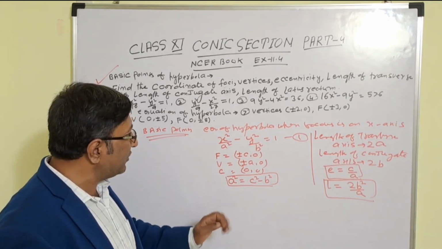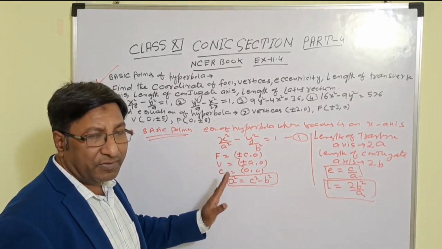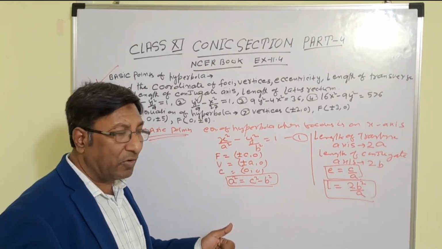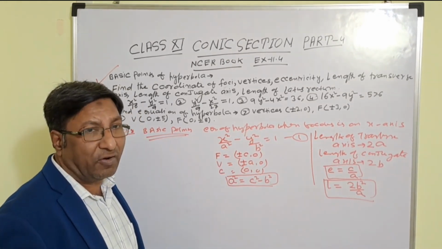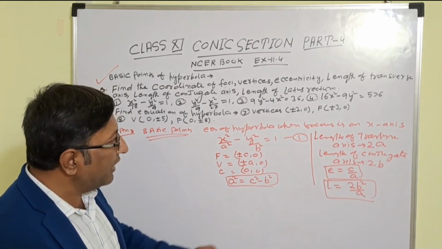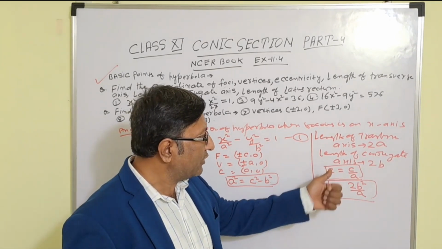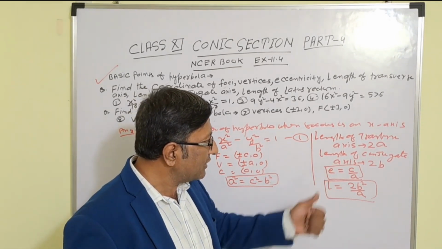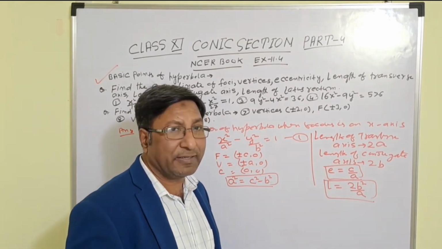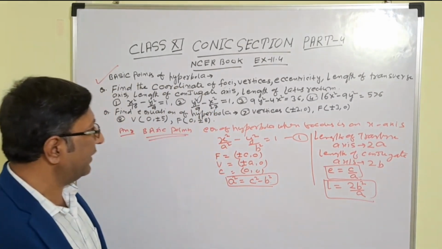Where c is the distance of foci from the center of the hyperbola. Now length of transverse axis is 2a, length of conjugate axis is 2b, eccentricity is c by a, and length of latus rectum is 2b square by a.